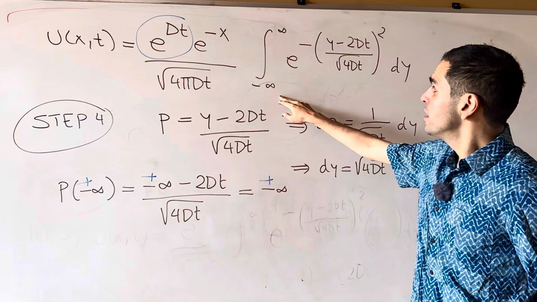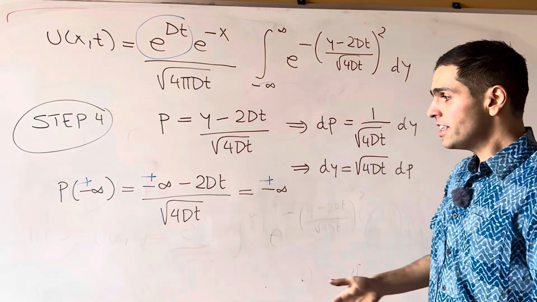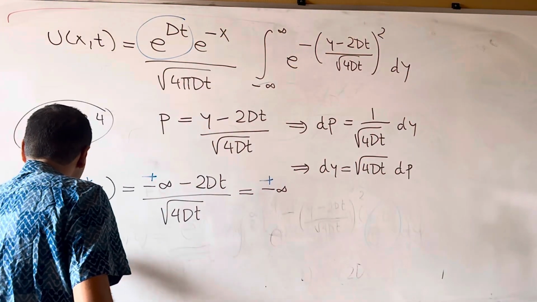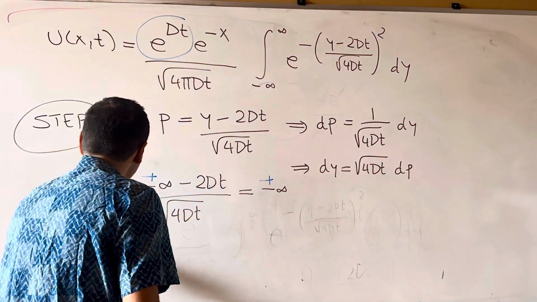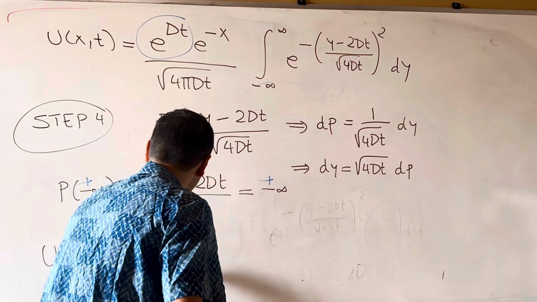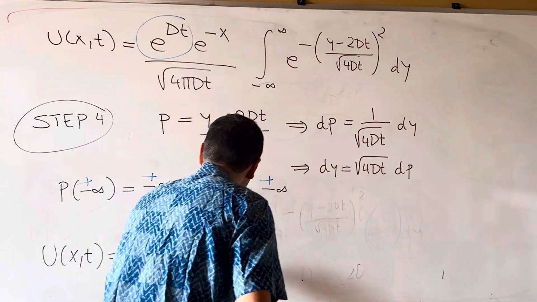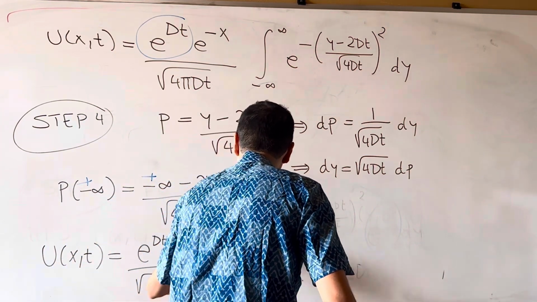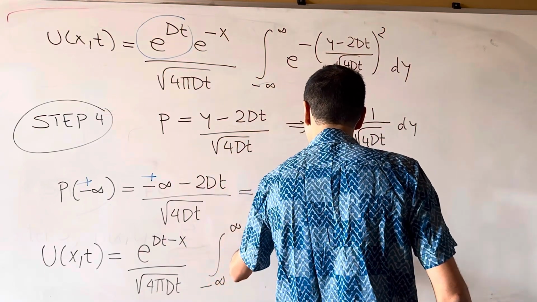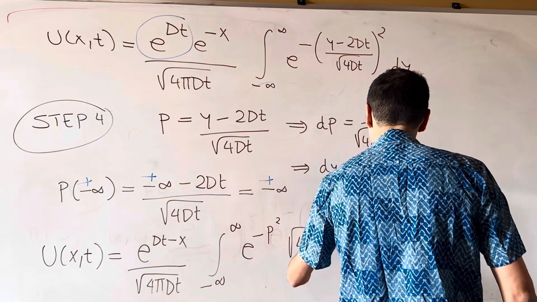In other words, the order of integration is still the same. And so in the end, after the dust has settled, we end up getting u(x,t) is e^(dt - x) over that nasty term, so square root of 4 pi dt, integral over still the same points, e^(-p^2), and then square root of 4dt dp.